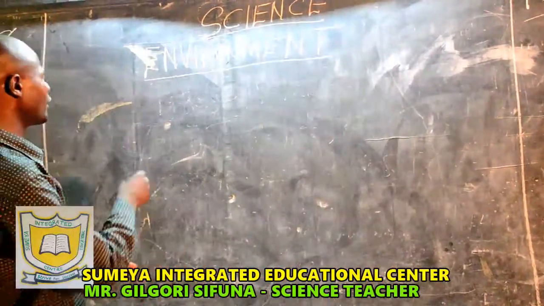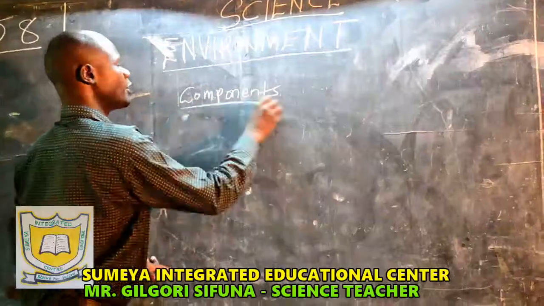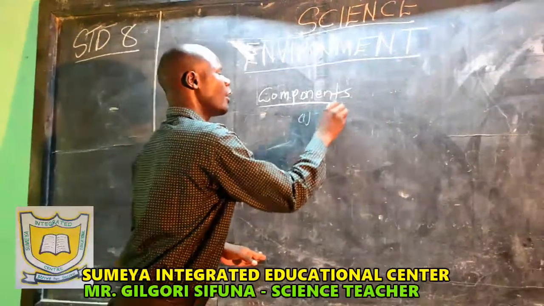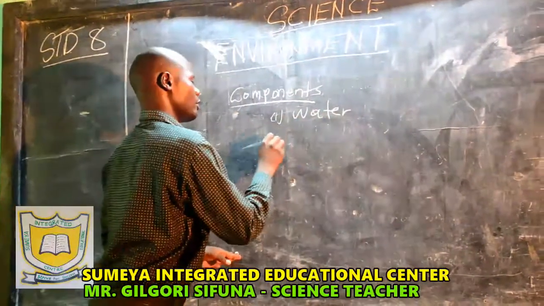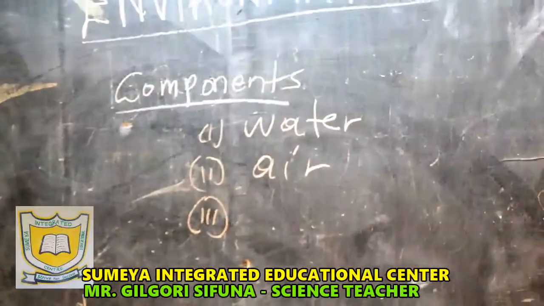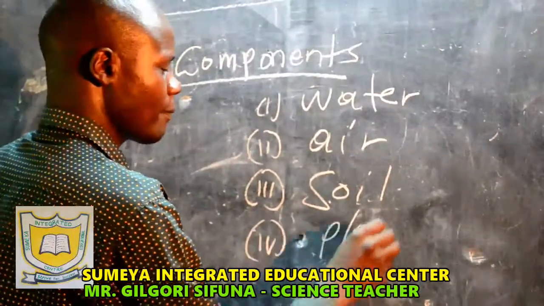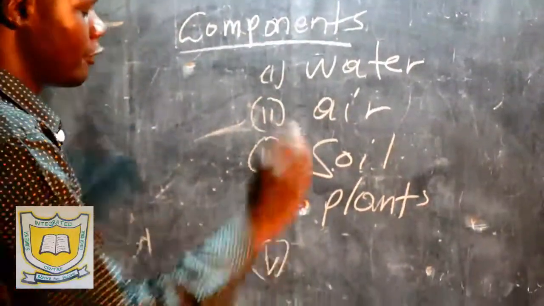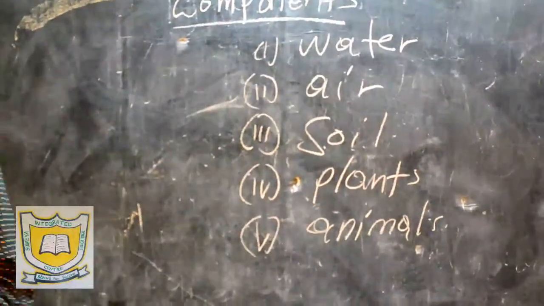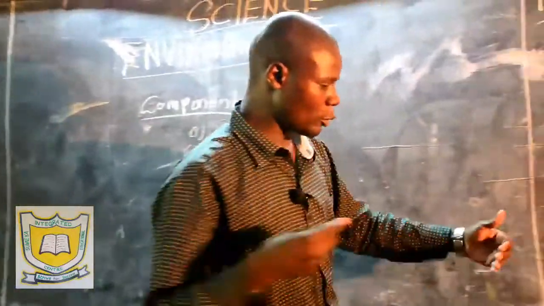In Standard 7, when you were talking about the components of environment, you said the main components of environment are: 1, water, 2, air, 3, soil, 4, plants, 5, animals. These are the main components of environment, and this you discussed in Standard 7. You have to connect that.